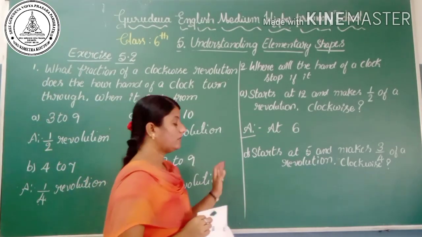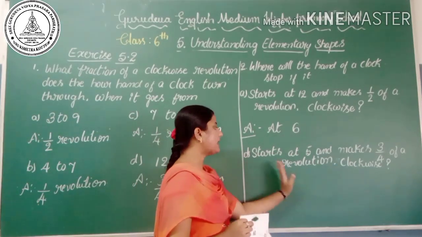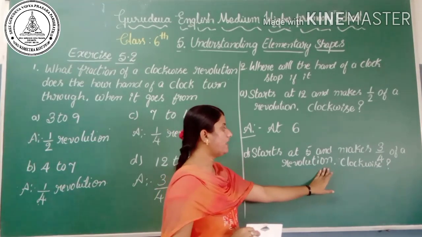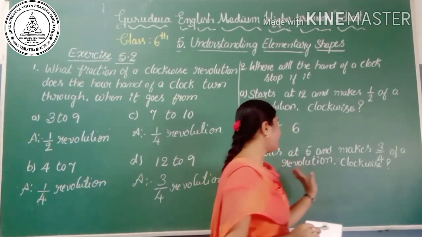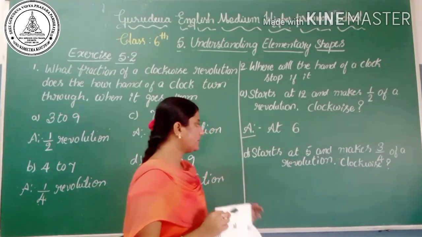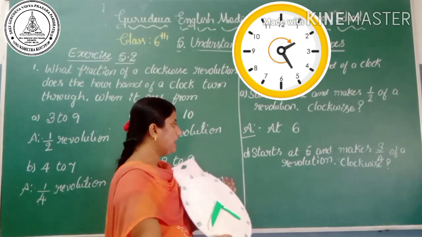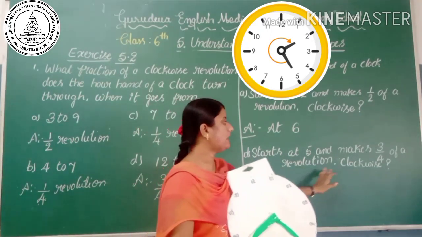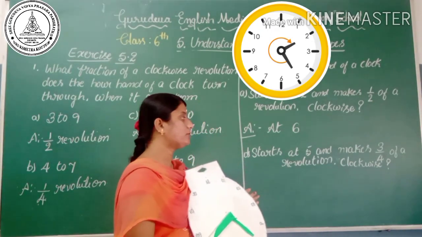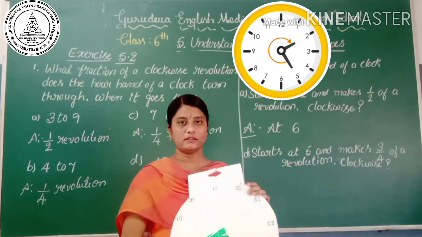Then I have taken the fourth question, that is D: starts at 5 and makes 3/4 of a revolution in a clockwise direction. Keep the hour hand at 5 and make 3/4 of a revolution. 3/4 means it has to complete 3 right angle turns.